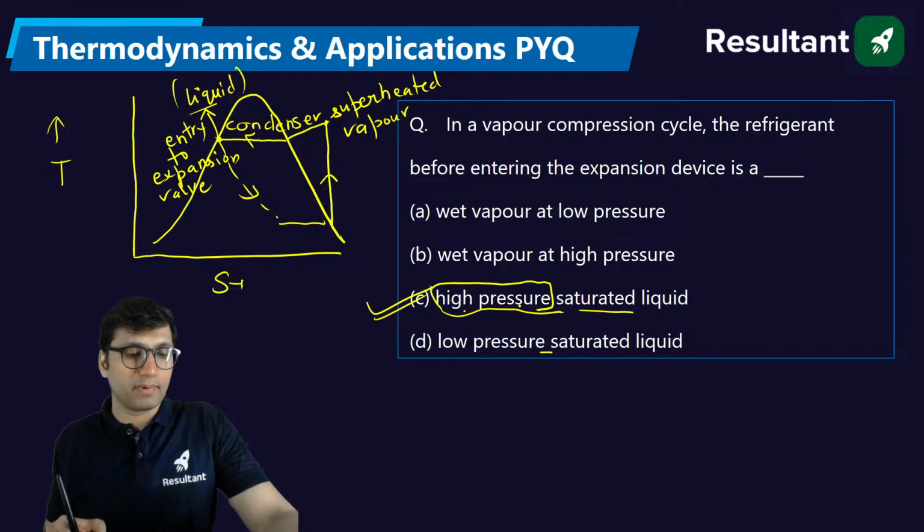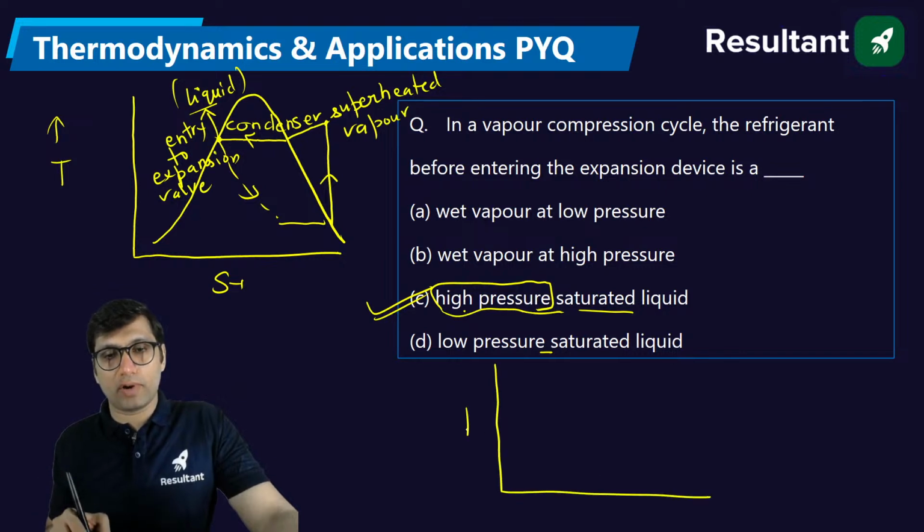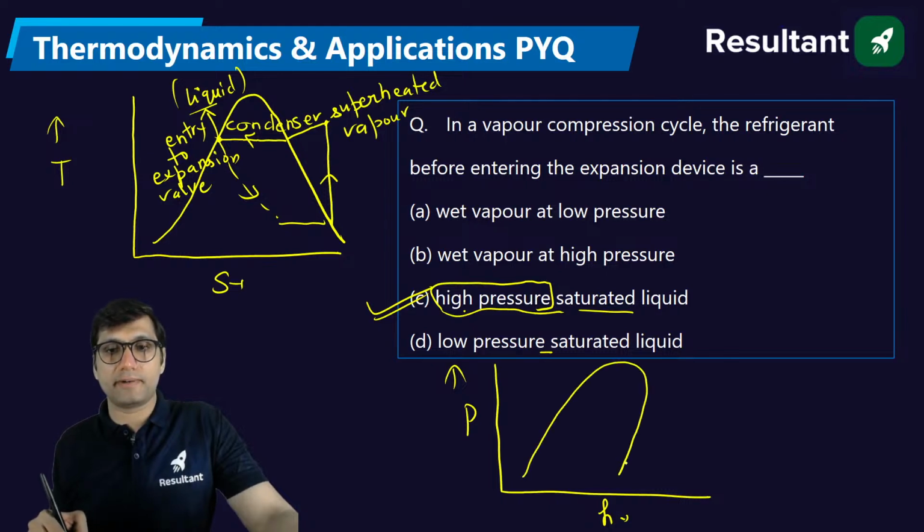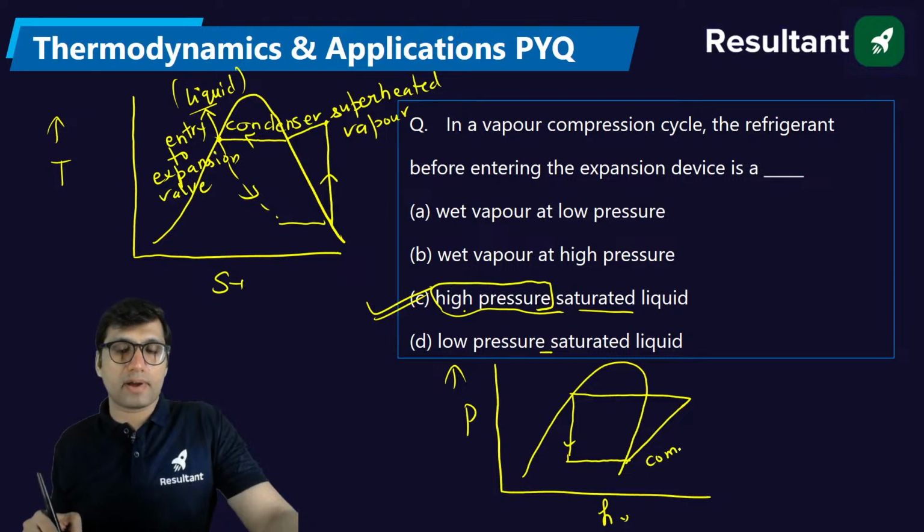Remember this, right? Because again, I want to show you one diagram, which is the pressure enthalpy diagram. The whole vapor compression cycle works between two pressures, high and low pressure, right? With the help of the compressor, the low pressure vapor gets compressed and its pressure is increased.